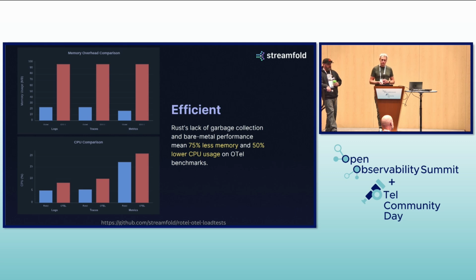I mean, 75% less memory, about half the CPU usage. And a lot of this comes from Rust allowing us to expose really bare metal performance, but in a safe and reliable way without risk of undefined behavior. Additionally, the lack of garbage collection means that the memory usage is very efficient, and we're not spending cycles doing sweeps of the heap.